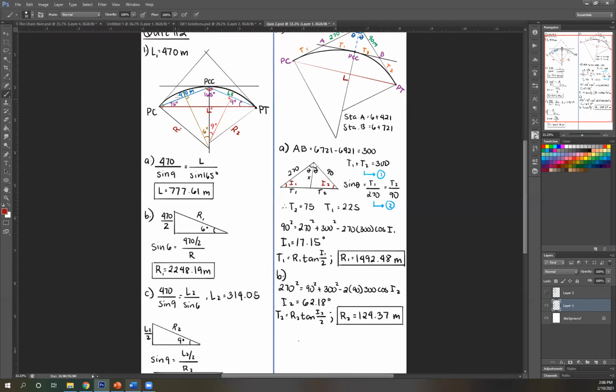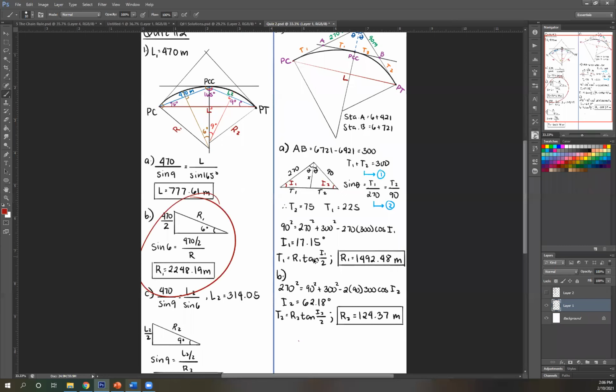So side over opposite angle: L2 over sine 6 equals what's given. I'm given L1, so that's 470 over opposite angle 9. So 470 over sine 9. So I can solve for L2. L2 is just 314.05. Now I know L2.